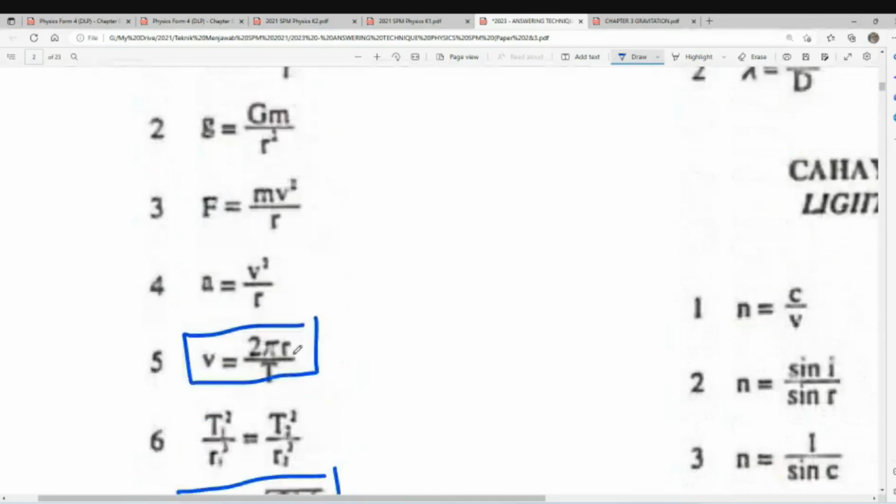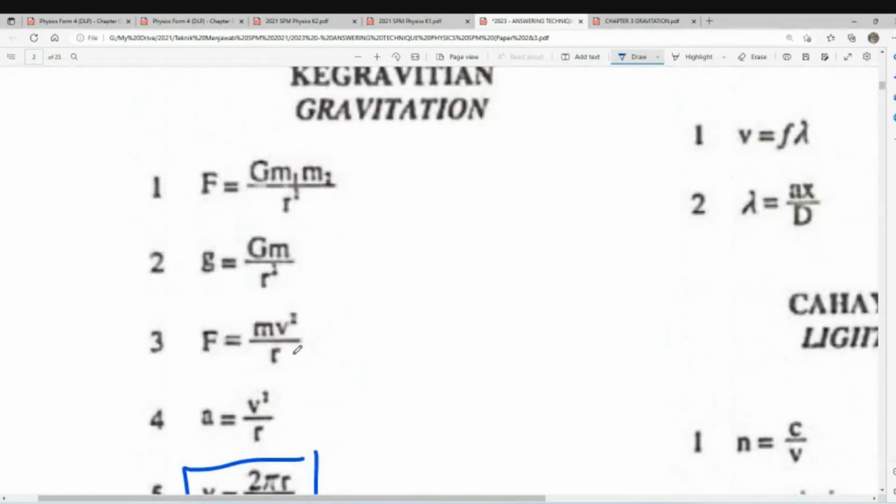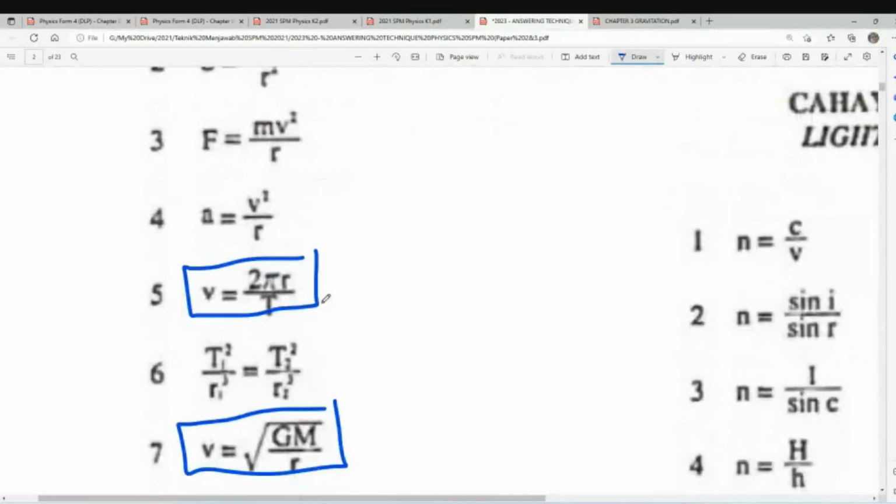Another question asked for this chapter: you have to be alert about the relationship. Whatever is asked, it's not so important that you have to apply the formula, because basically for problem solving you just need to substitute with the correct formula.